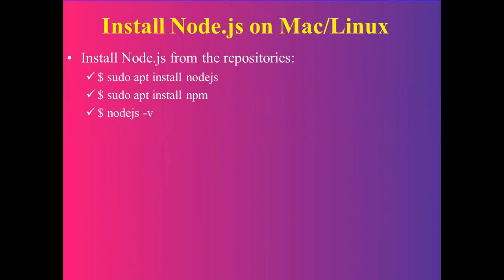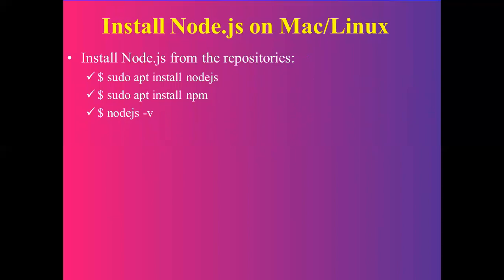Then we can install Node.js on Mac or Linux. In colleges we are going to use Linux, so that's why I'll show how to install Node.js from the repositories. Instead of writing commands, you can download the tar file for Linux, extract it by commands, and install the packages one by one.